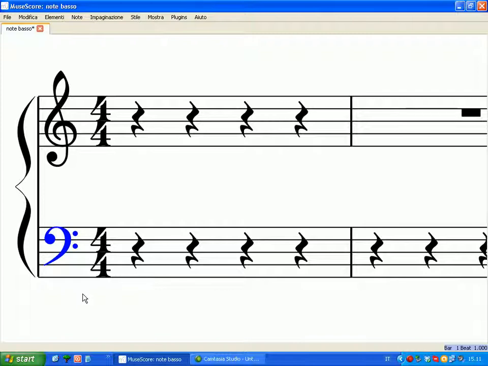So we have to use a sound of reference, which is of course the middle C of the piano, and then we have to find how to represent this sound of reference, the middle C. Before we did it for the treble clef, now we're going to do it for the bass clef.